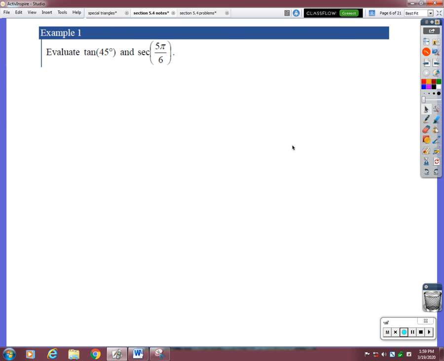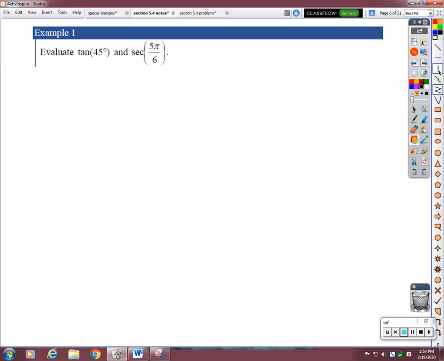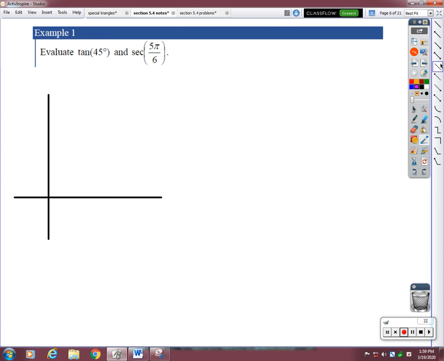Let's figure out first of all what the tangent of 45 degrees is. This is a relatively simple one because it's in the first quadrant, but we can go ahead and draw our reference triangle anyway. So a 45-degree angle will be something like this.